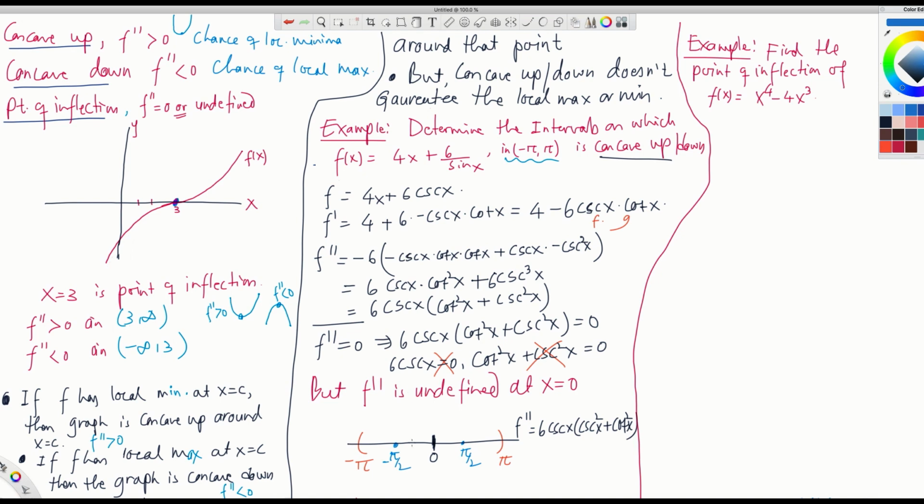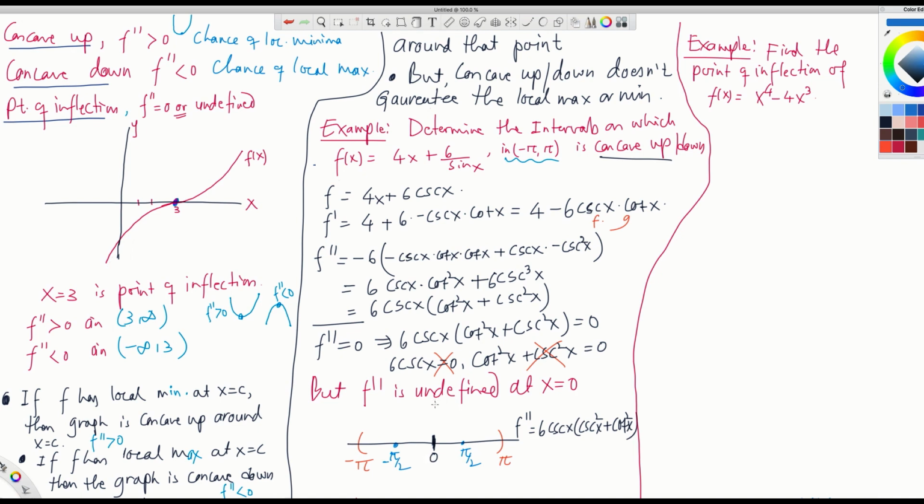That's how I know that x equals 0 is a possible point of inflection. Second derivative equals 0 does not imply that the point is a point of inflection, but we have to show that 0 is the boundary between concave up and down. Then we can say that this is the point of inflection.